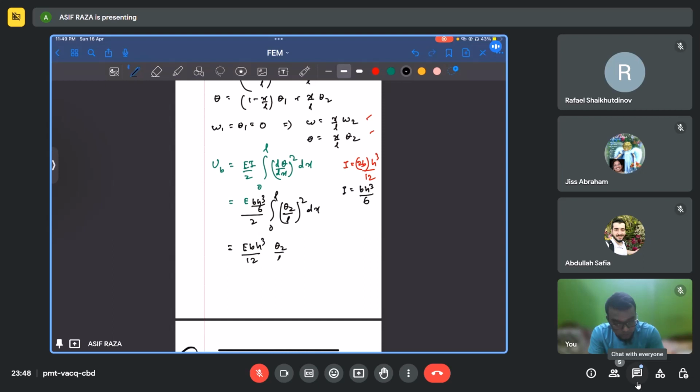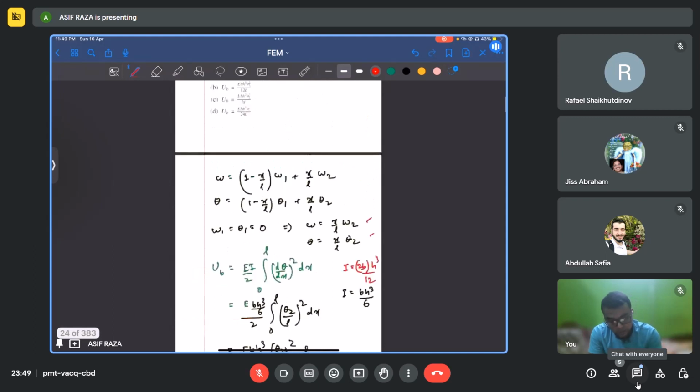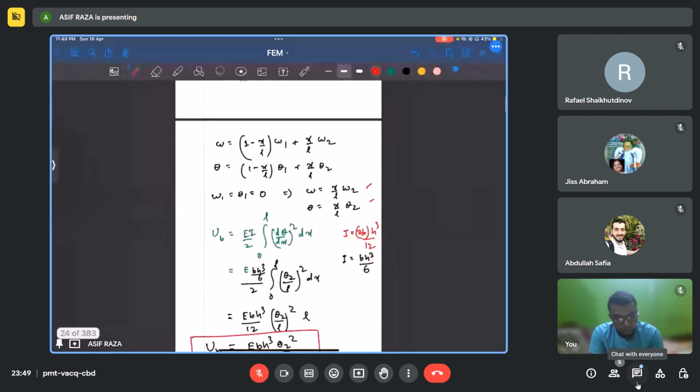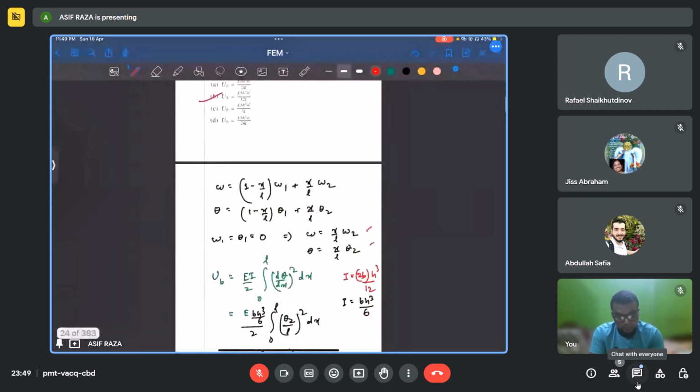These are constants, and dx integrated will give me L. So this is equal to E B H cube theta2 square by 12 L. This will be my bending energy, E B H cube theta2 square by 12 L. So this will be the answer.